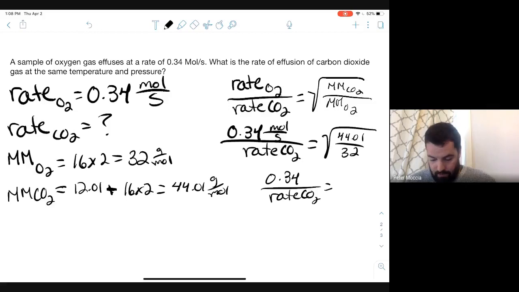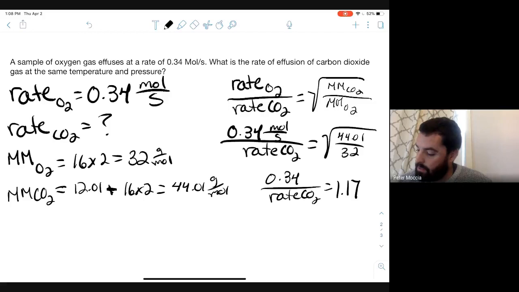Okay, so 44.01 divided by 32 is 1.375, and then we're going to take the square root of that, and that's 1.17.